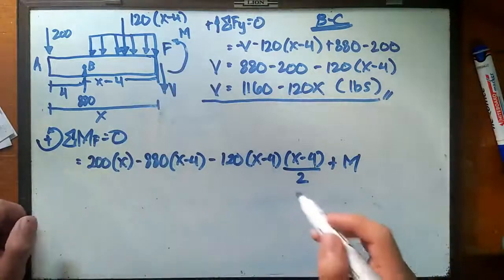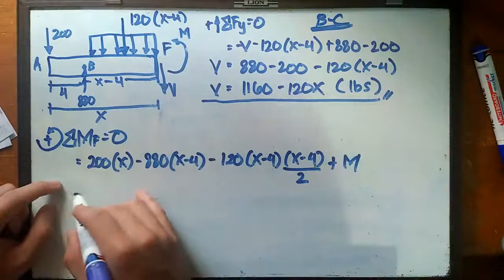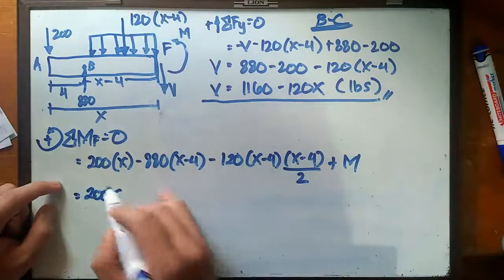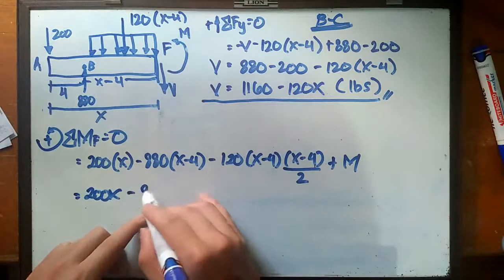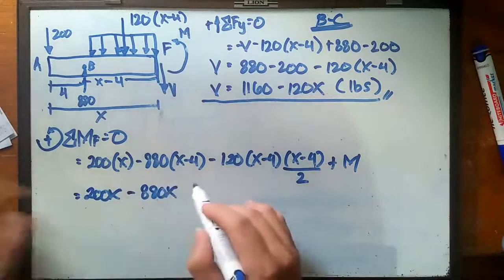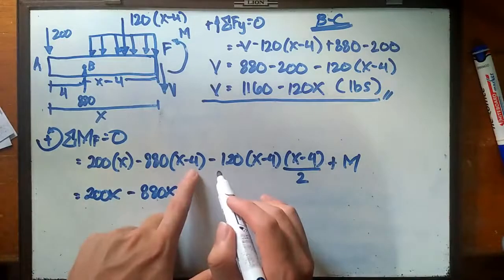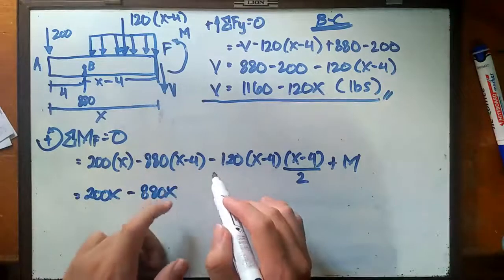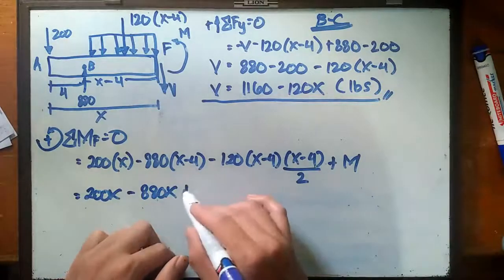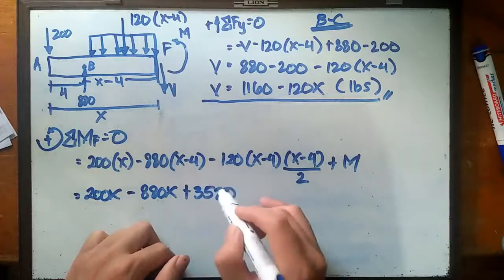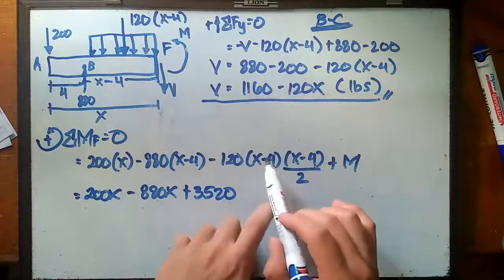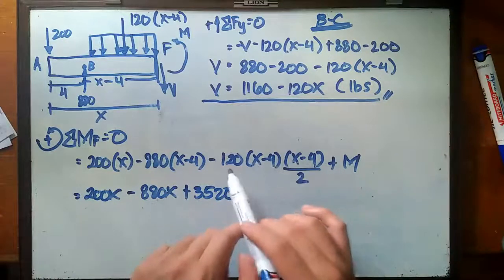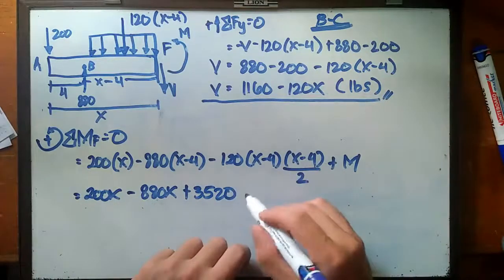So all we need to do is to simplify. This one should be 200x, and this one simplifies to 880x, and 4 multiplied by 880, both negative, so the answer should be positive 3520. And this one, you just need to simplify these two polynomials, and then 120 divided by 2.